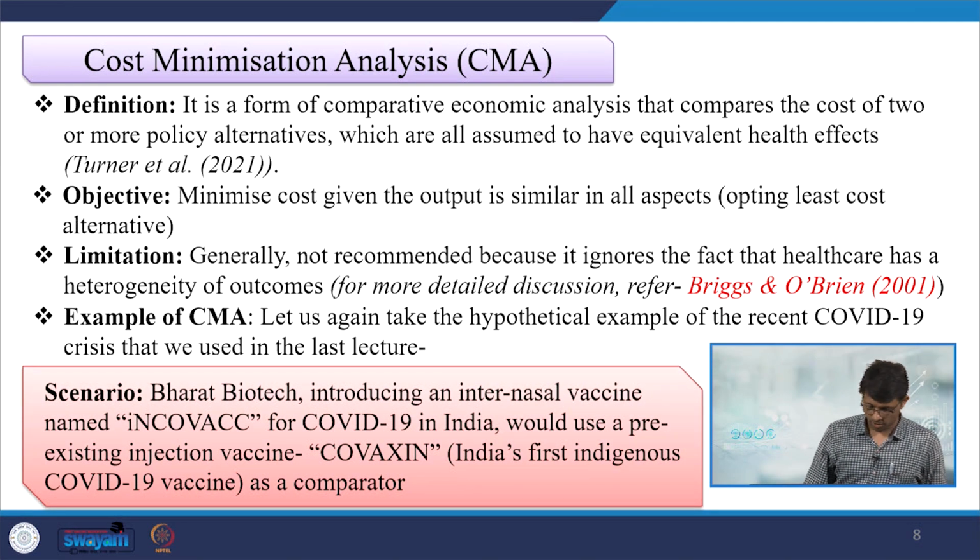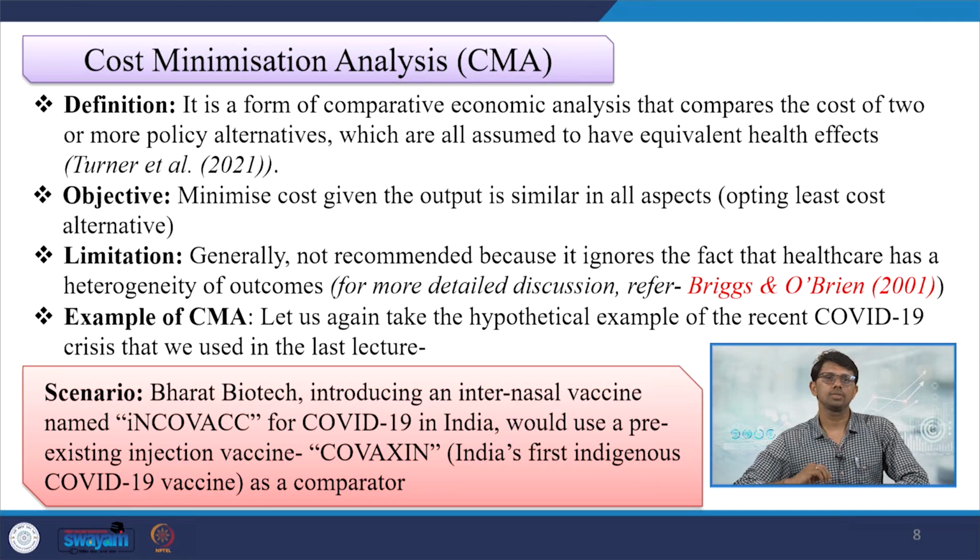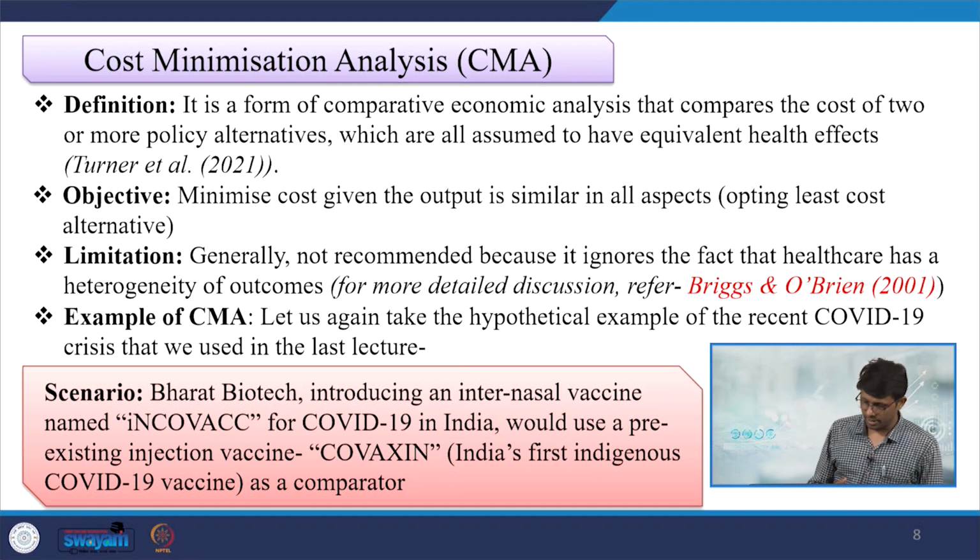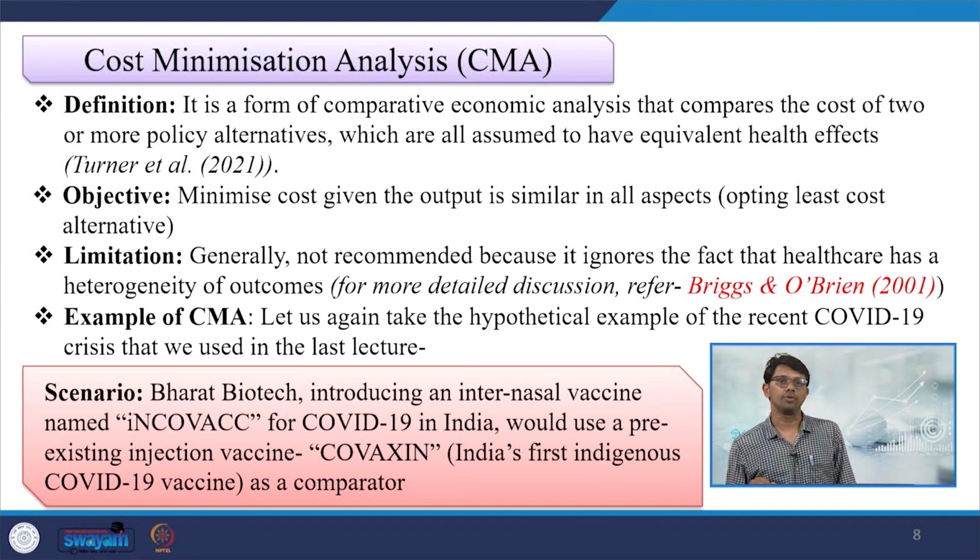An example of CMA is also mentioned. Let us again take the hypothetical example of the recent COVID-19 crisis, where we witnessed the India-based company Bharat Biotech introduce the intranasal vaccine named Incovac, and another, Covaxin, which is the pre-existing injection-based vaccine, India's first indigenous COVID-19 vaccine.